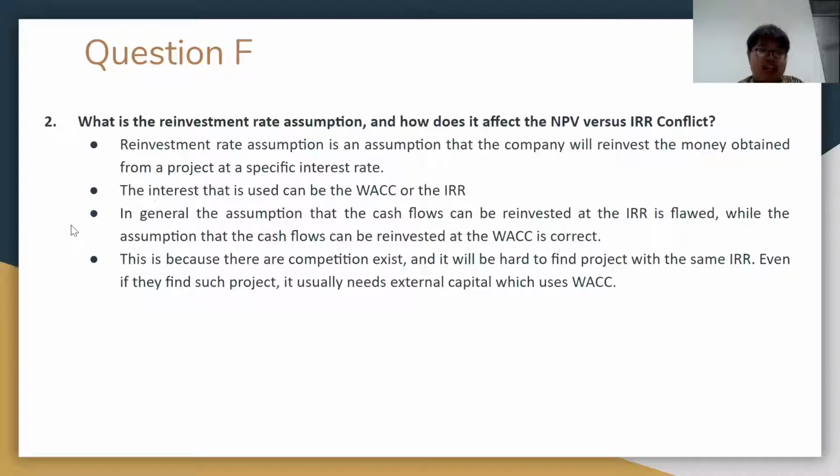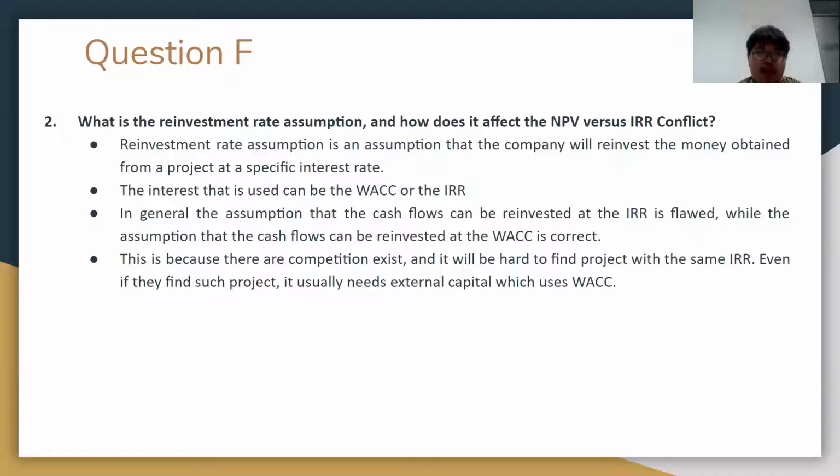The second question is, what is the reinvestment rate assumption and how does it affect the NPV and IRR conflict? Reinvestment rate assumption is an assumption that the company will reinvest the money obtained from a project at a specific interest rate, which can be either WACC or the IRR. In general, the assumption that the cash flow can be reinvested at the IRR is flawed, while the assumption that the cash flow can be reinvested at the WACC is correct.